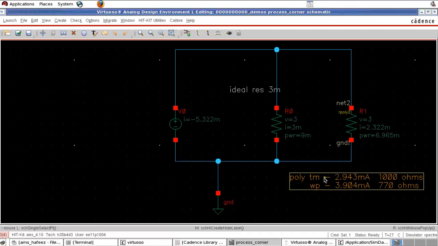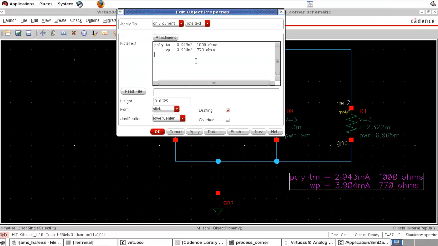We can edit this table now: this is WS, that means maximum resistance value. Now the current for that WS we got is 2.322 milliampere, and the corresponding resistance value is 1.29 kilo ohms. That means 1290 ohms.